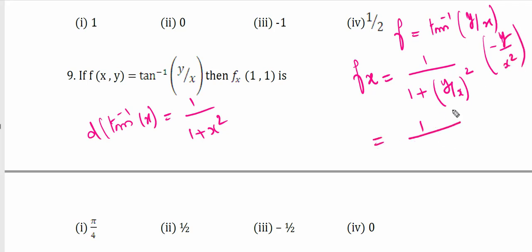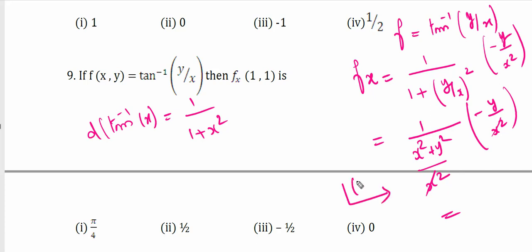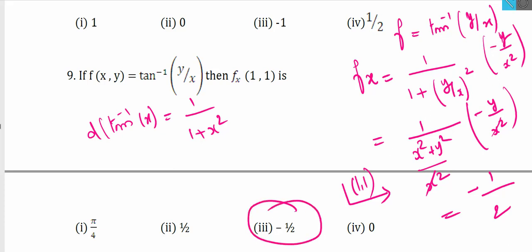Now taking LCM, x square divided by x square plus y square, into minus y by x square. This x square gets cancelled. Now substitute 1 comma 1: minus 1 divided by 1 plus 1, which is 2. So minus half is our answer.